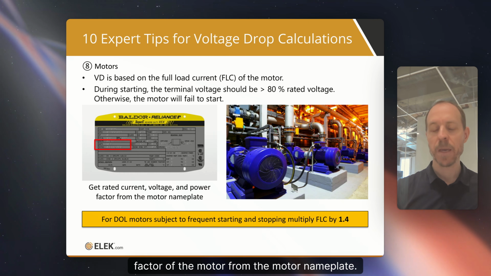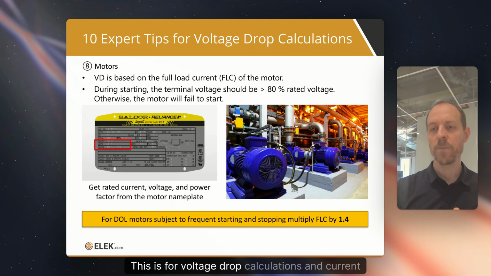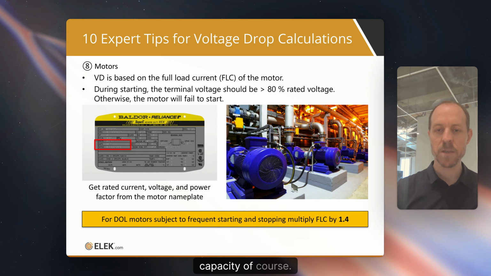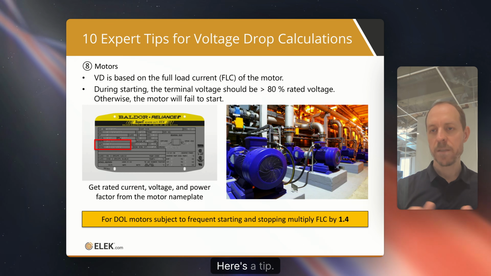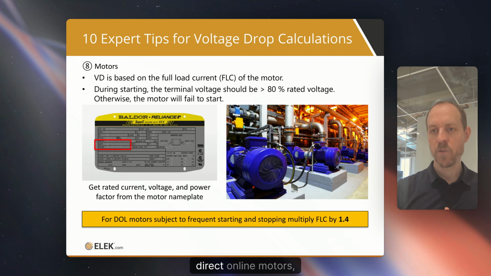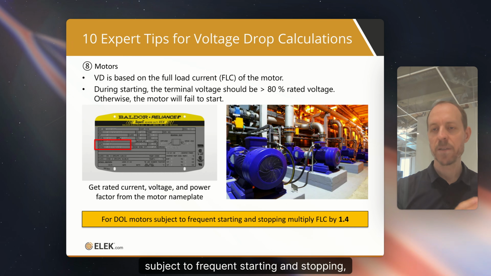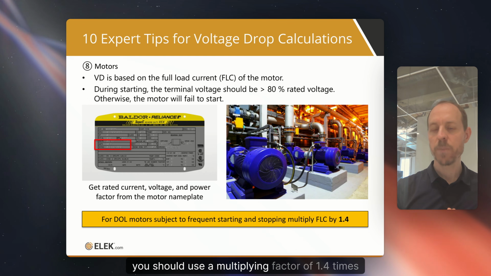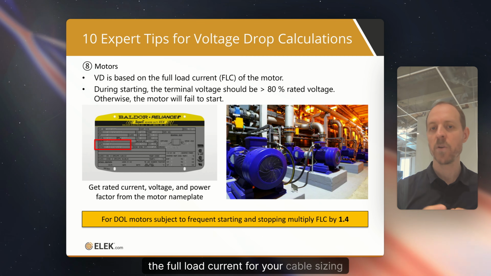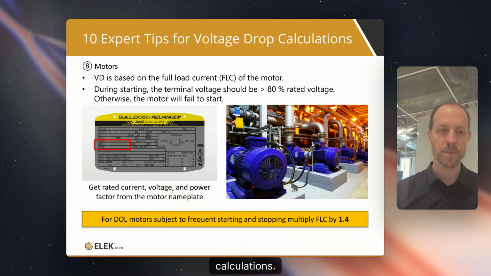This is for voltage drop calculations and current capacity, of course. Here's a tip. For DOL motors, direct online motors, subject to frequent starting and stopping, you should use a multiplying factor of 1.4 times the full load current for your cable sizing calculations.